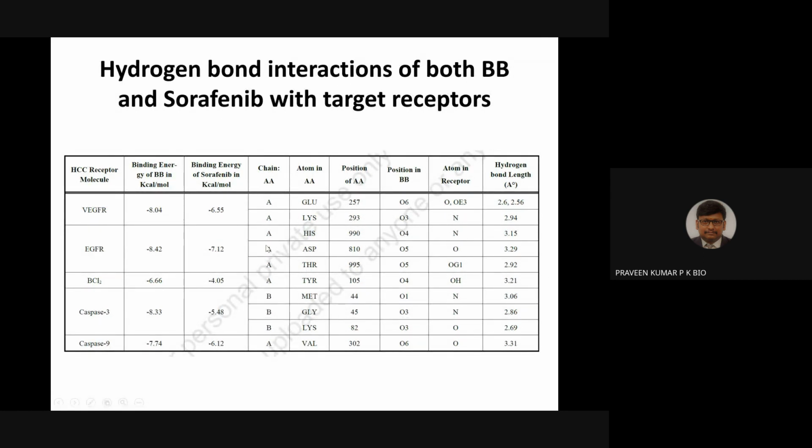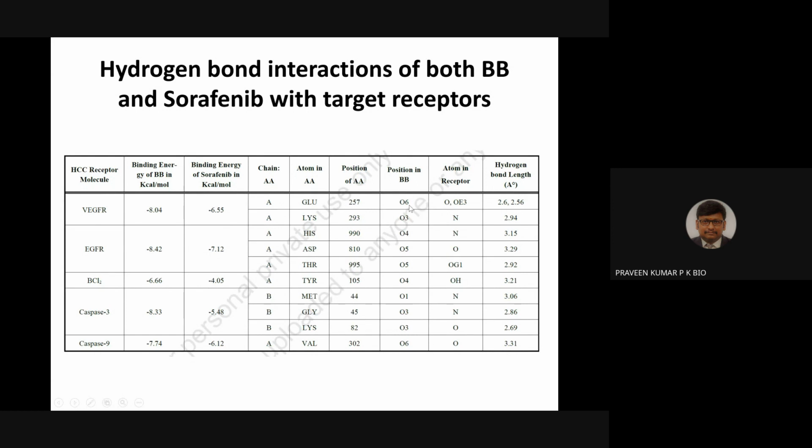Let me see what other data is mentioned in the analysis. There is a chain of a protein atom. Which chain have I used? A chain. The amino acid is glutamic acid, at position 257. And what is the atom position of my plant compound, and what about the atom position in this glutamic acid 257? I got two different positions.